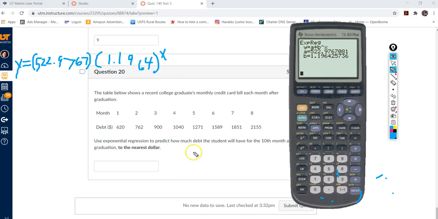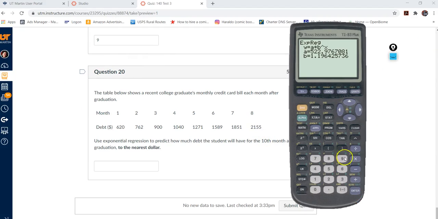Okay, now how much debt will the student have for the 10th month? The first row are your x values, the second row are your y values. So you're supposed to use that equation when x is equal to 10. So the answer is going to be y equals this equation where you put x in for 10.